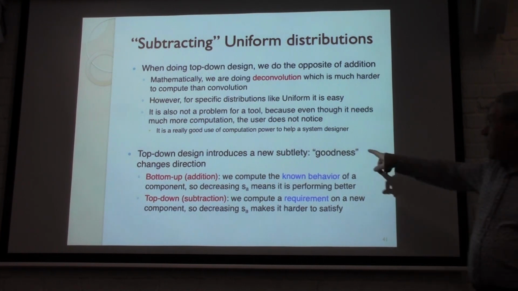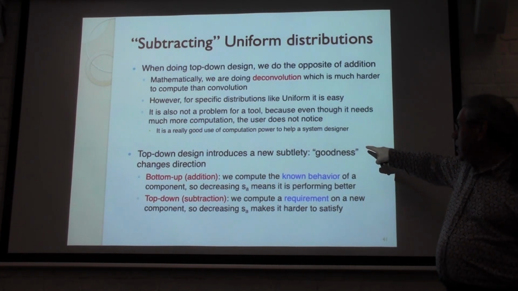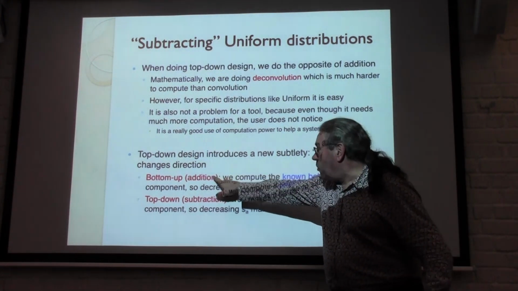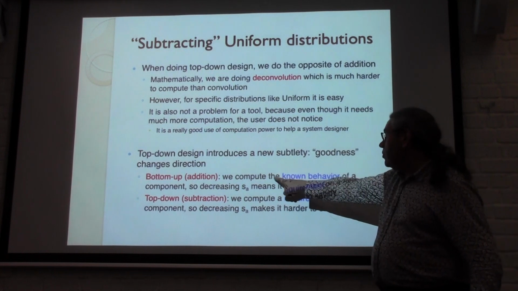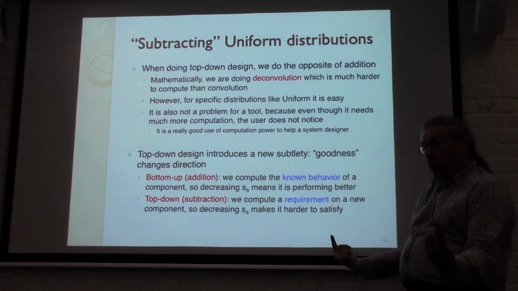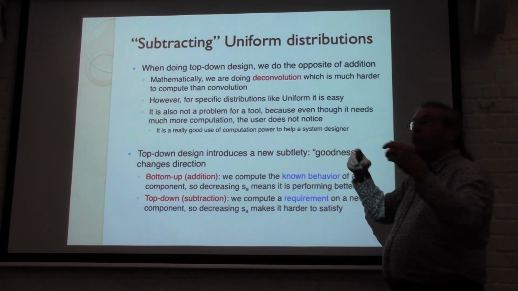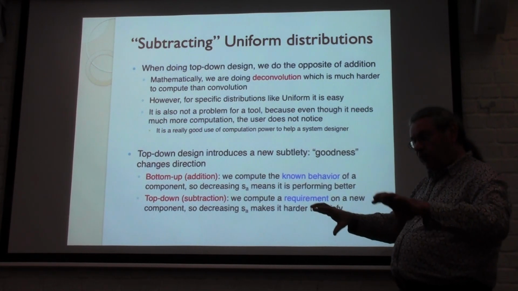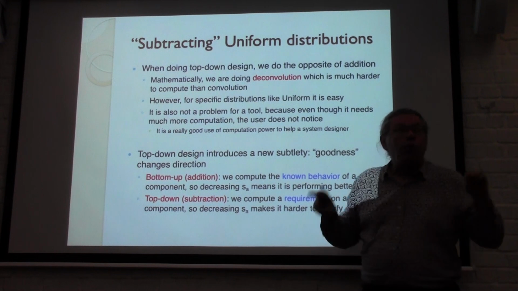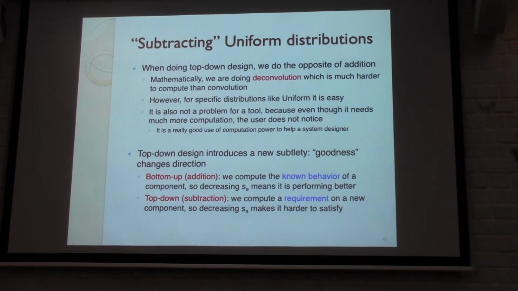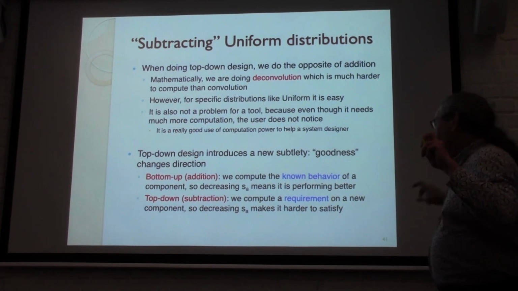Okay, a final little comment. The difference between bottom up and top down. In bottom up, we're computing the known behavior. So we have two known components and we combine them. But in top down, we're computing a requirement, a constraint on the component, okay?